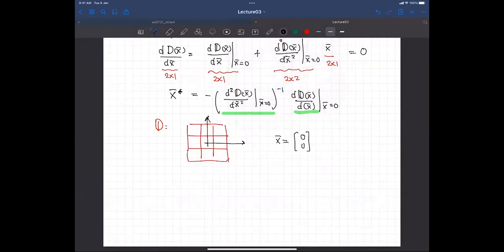Anyone? It is exactly in the middle of your patch. So this one is when x bar equals 0, 0.